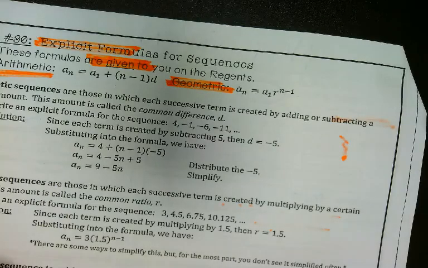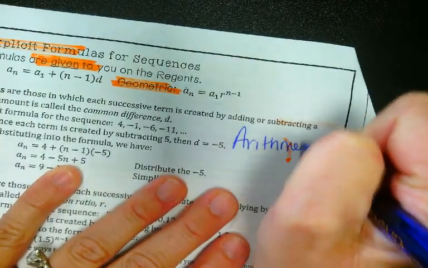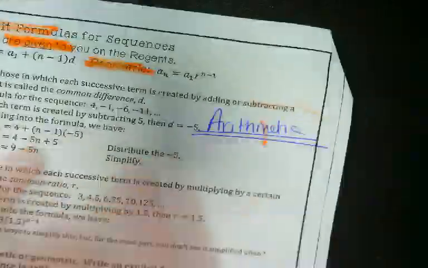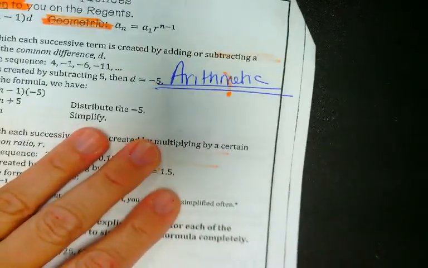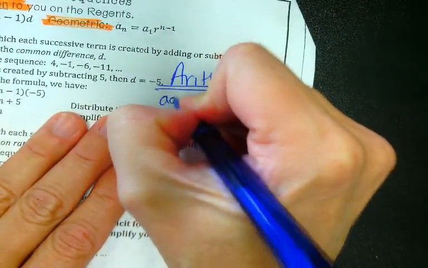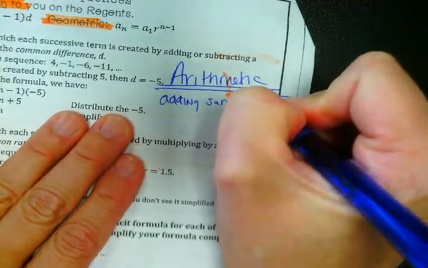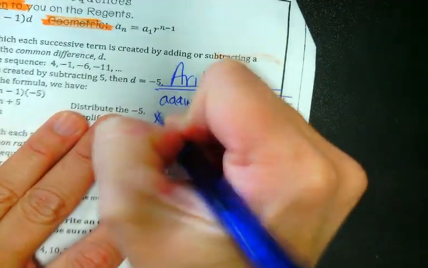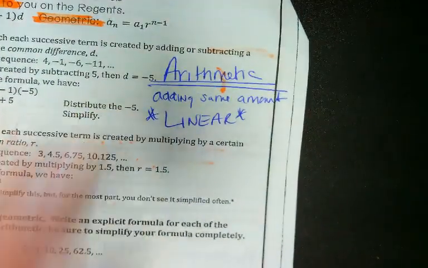I want to make a few more notes here about arithmetic. Arithmetic is unique because you're always adding the same amount, which makes it a very unique function. This makes it a linear function. It will look like a line.